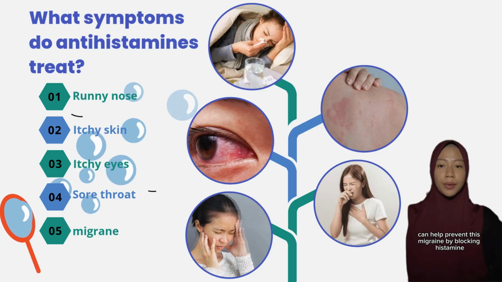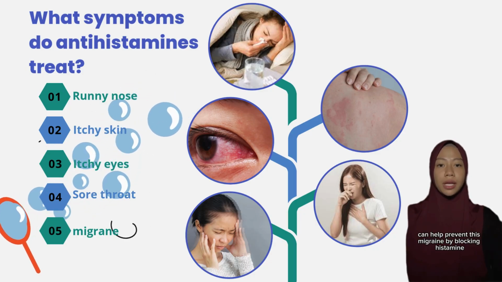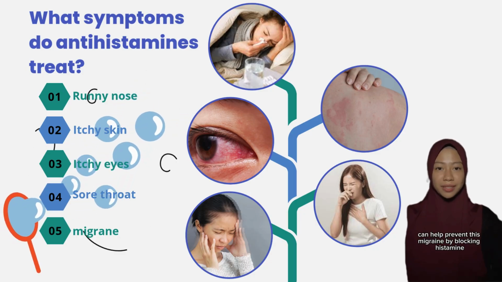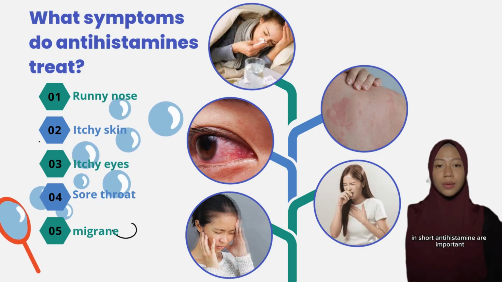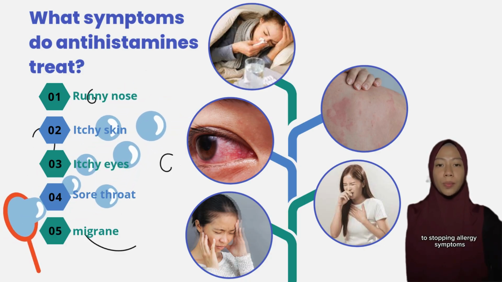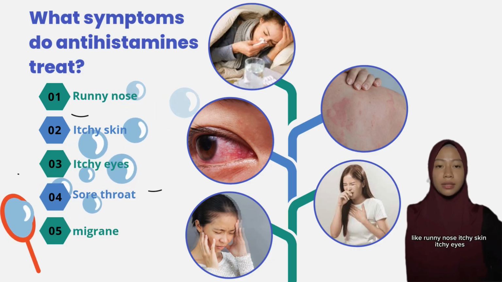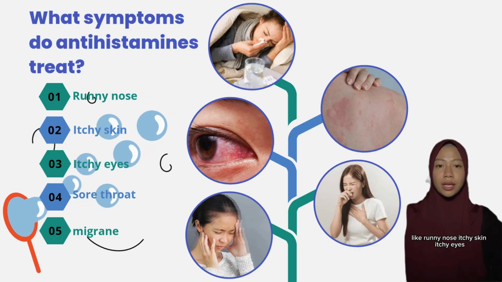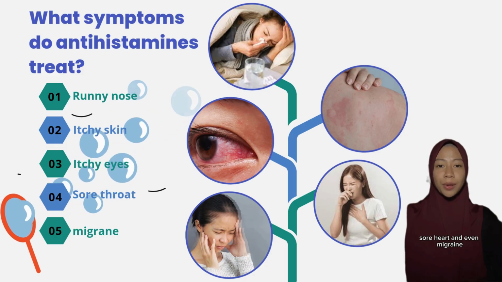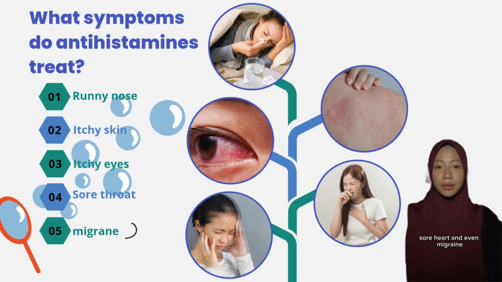Antihistamine can help prevent this migraine by blocking histamine. In short, antihistamines are important for stopping allergy symptoms like runny nose, itchy skin, itchy eyes, sore throat, and even migraine.